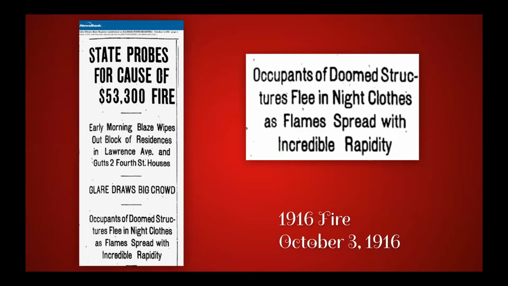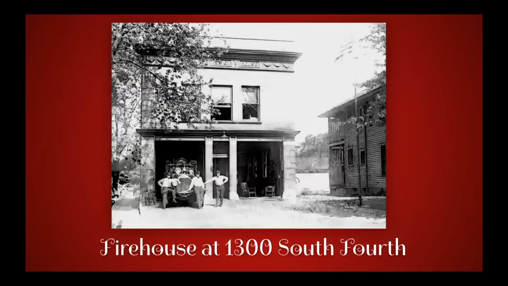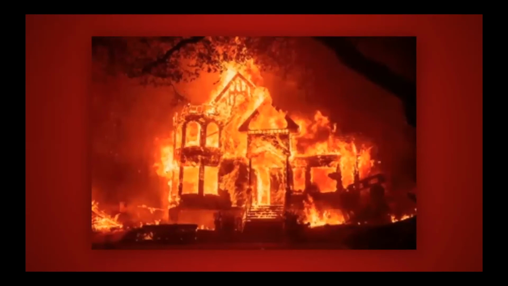A rapid breeze caused the flames to consume her home and was spreading to other homes on Lawrence, on 4th, and even on 3rd. A call was made to send the fire trucks, and they left from the firehouse that really wasn't far away. As flames spread, firemen were delayed due to the telephone operator mistakenly reporting that the fire was at 4th and Monroe instead of 4th and Lawrence.